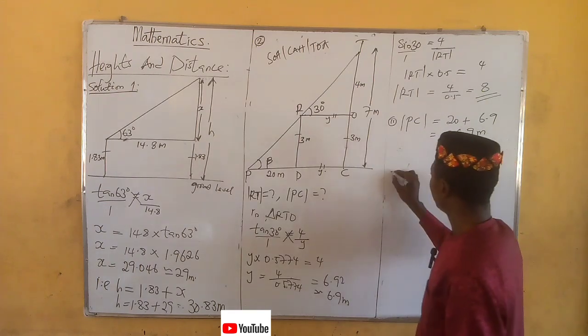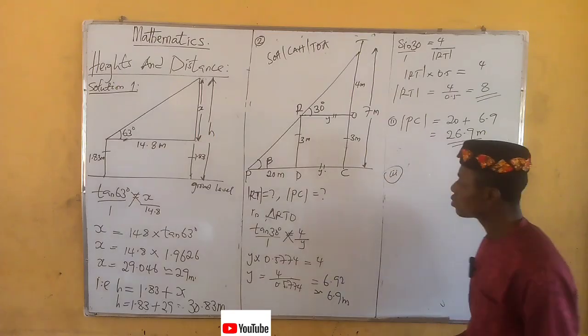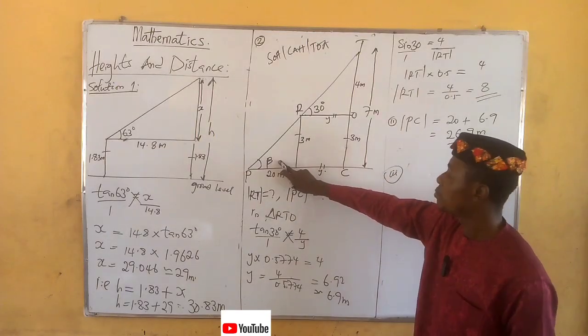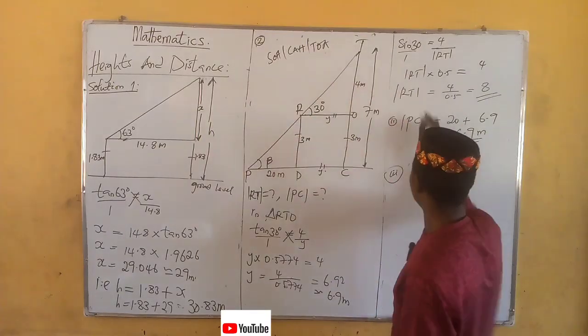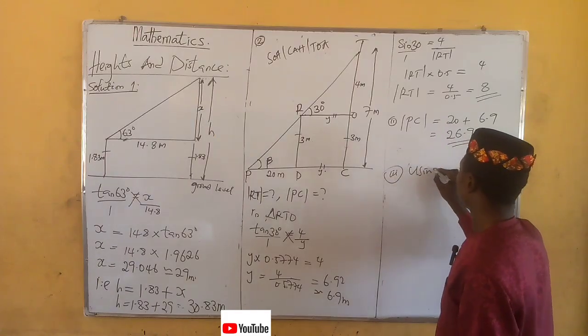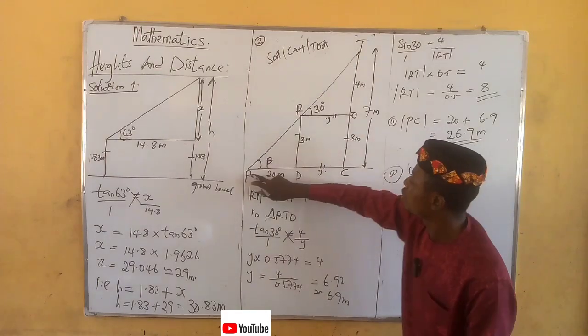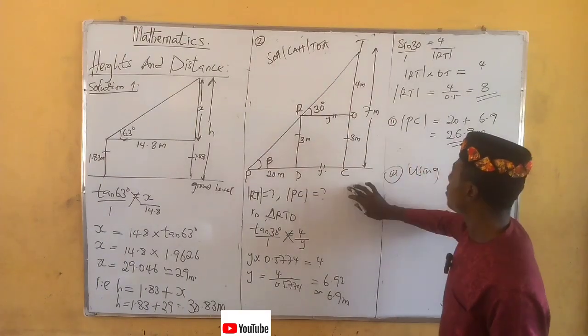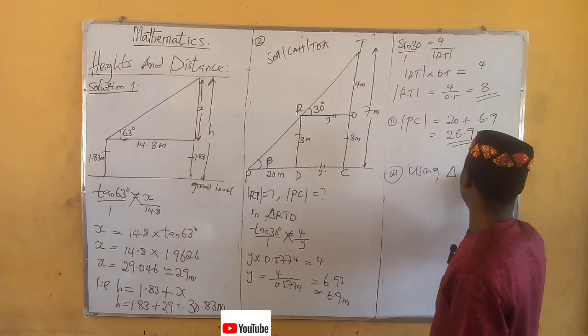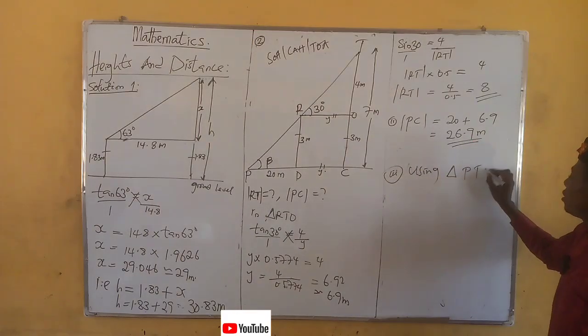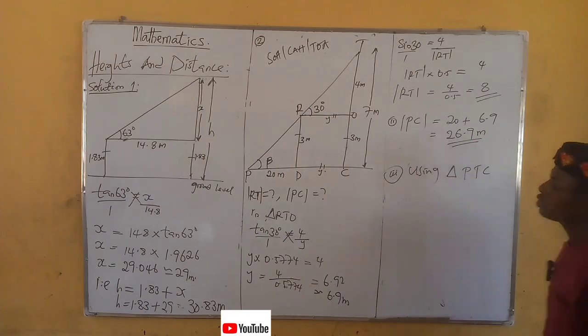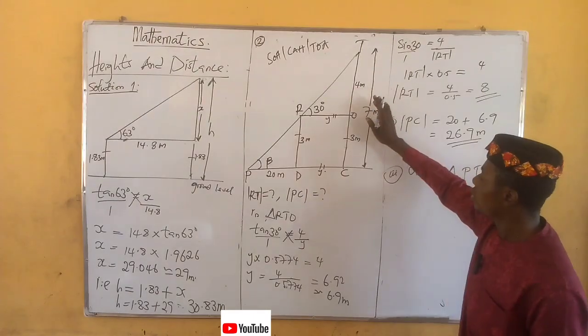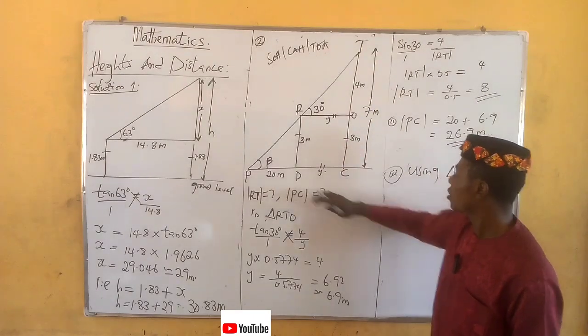Then finally, the third one, they ask us to find angle beta. This beta. So we are going to be using the whole of this triangle now, which is PTC. Using triangle P, T and C, this is going to be opposite all over adjacent.